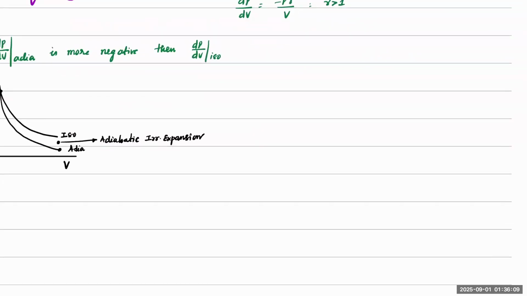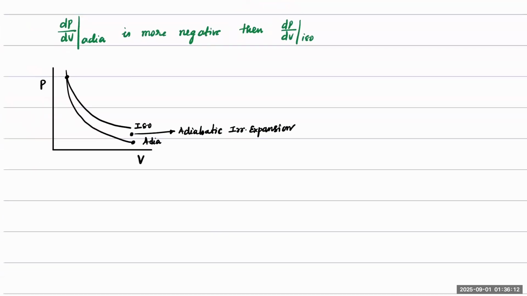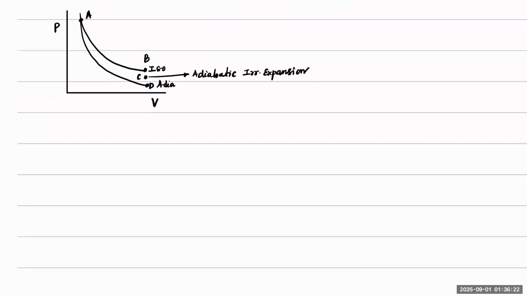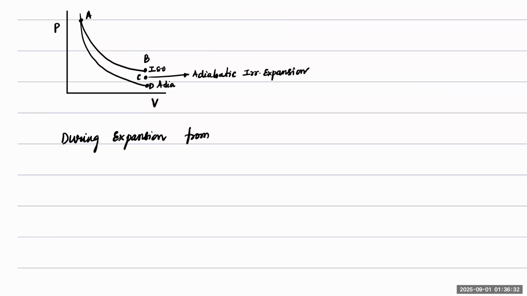So from here, during expansion, let's say this is point A, this is point B, point C, and point D. Okay. During expansion from point A to B, A to C, or A to D, what happens to the temperature?